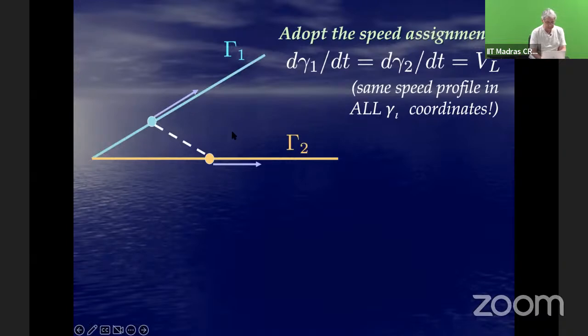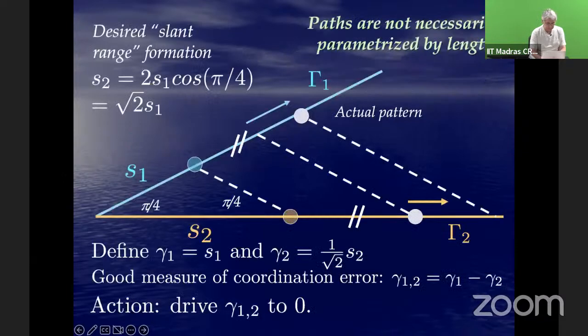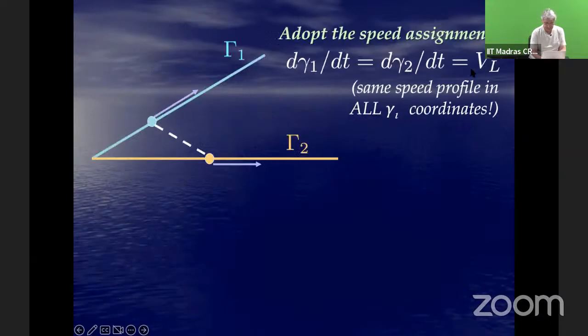Well, because you want the gammas equal, it's obvious that if you want d gamma 1 dt equal to something, and this you could do, for example, you could say for vehicle number 1, I want it to go at a certain speed, VL. For the other one, in the gamma coordinates, the speed should be exactly the same.